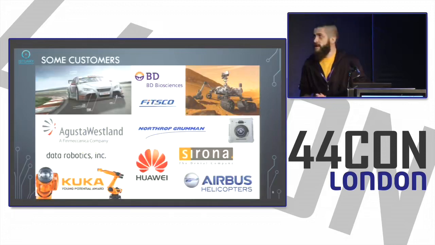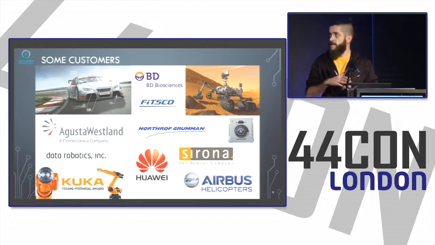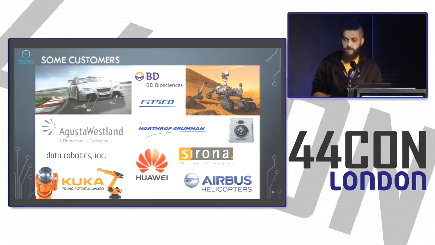You can find VxWorks in different domains: automobile, aerospace and defense, space. You can see the Mars rover, for example, runs VxWorks. Some robotics as well, network equipment, could be VoIP phones.